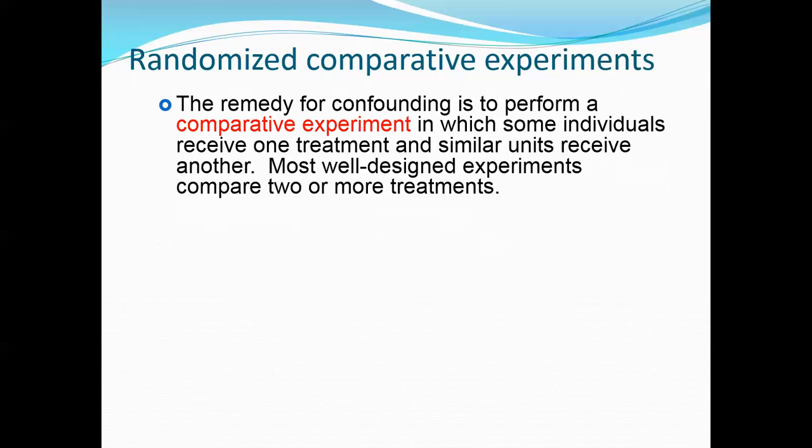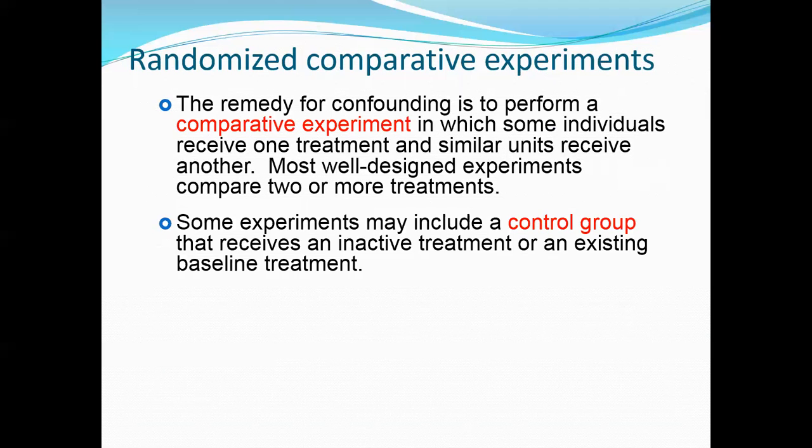Randomized comparative experiments. The remedy for confounding is to perform a comparative experiment in which some individuals receive one treatment and similar units receive another. Most well-designed experiments compare two or more treatments.